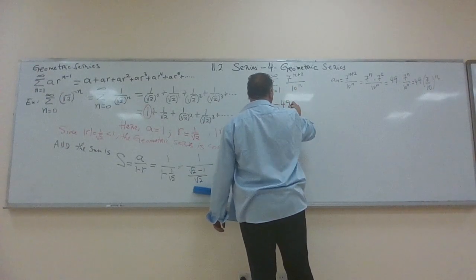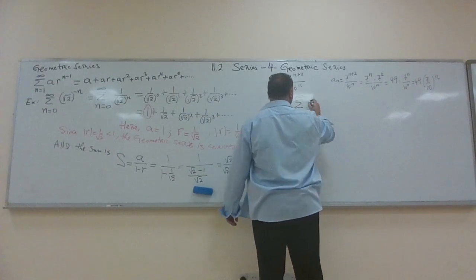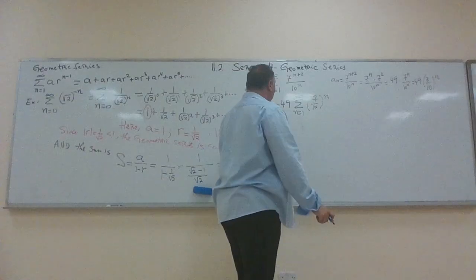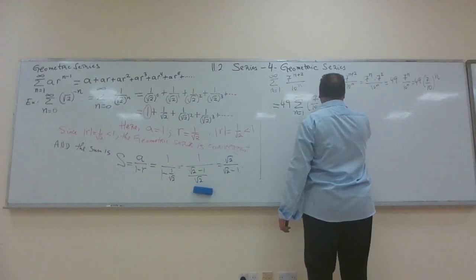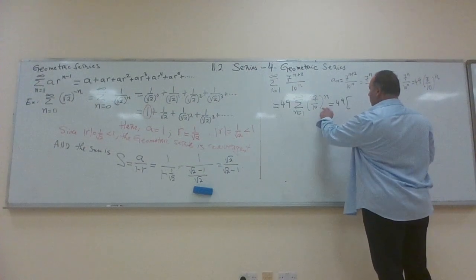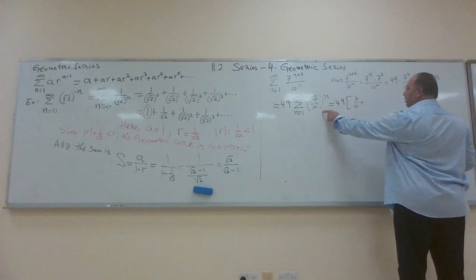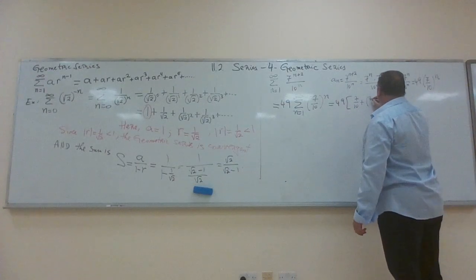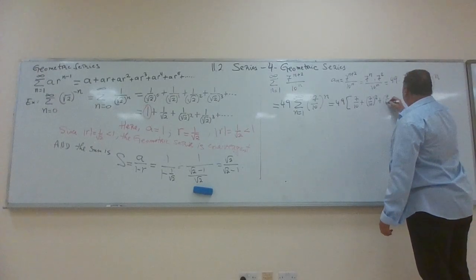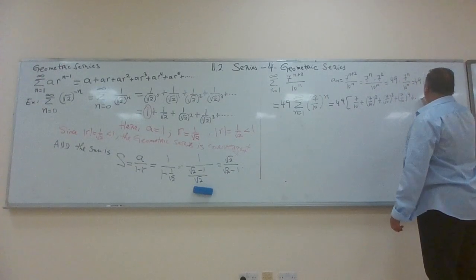So it's 49 times 7 over 10 to the power n. So I'll just write a couple of terms. 49 times, n equal 1, so 7 over 10, plus n equal 2, 7 over 10 squared, plus 7 over 10 to the power 3, plus 7 over 10 to the power 4, and then we keep going.